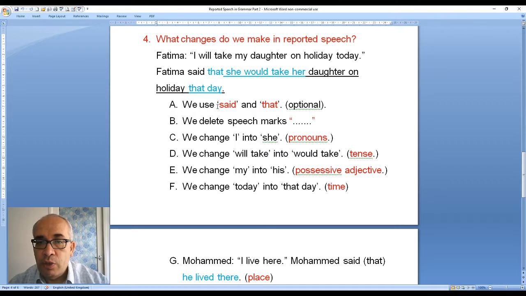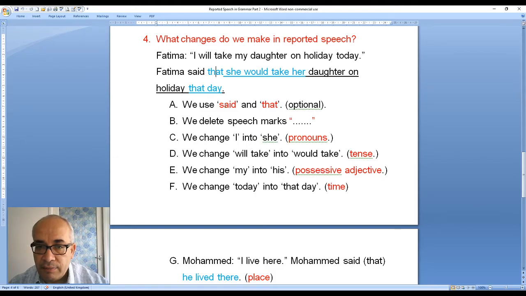A, we use said and that. Of course, that is optional. It means I can use it if it is formal English. If it is informal English, I don't use that. So it is better to use it in formal English, and I repeat this again.